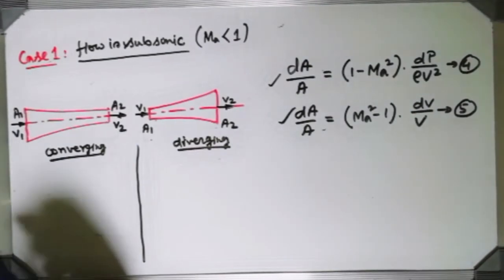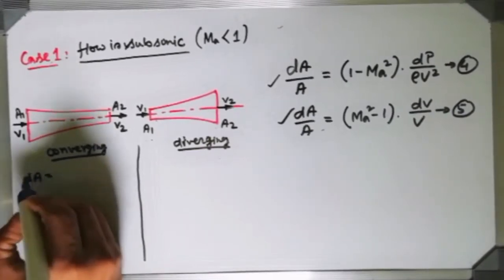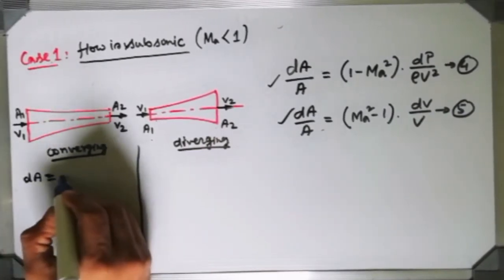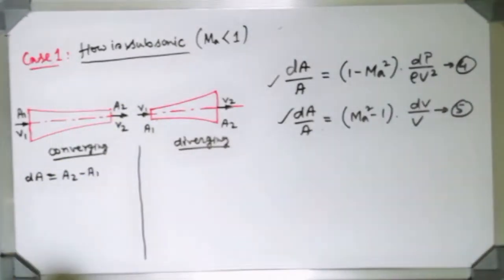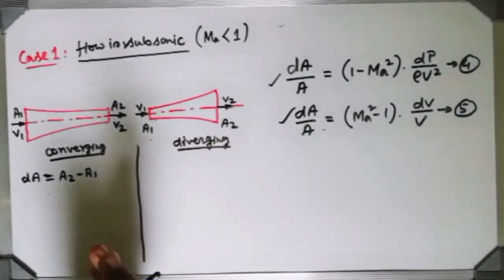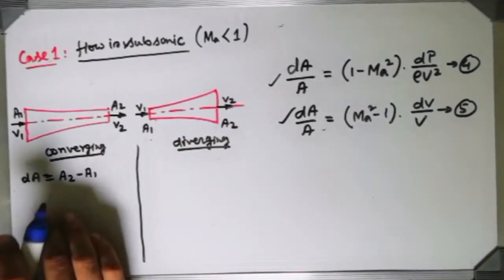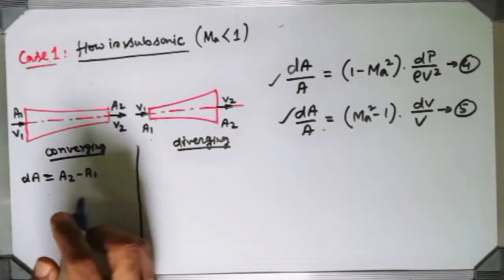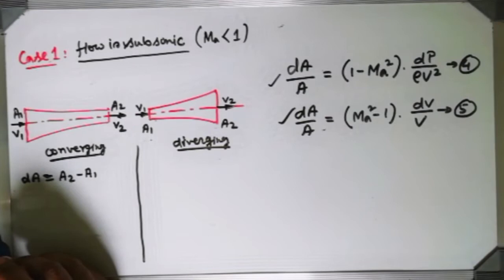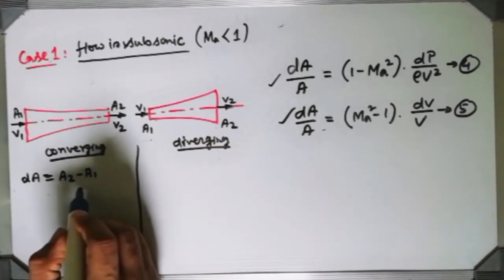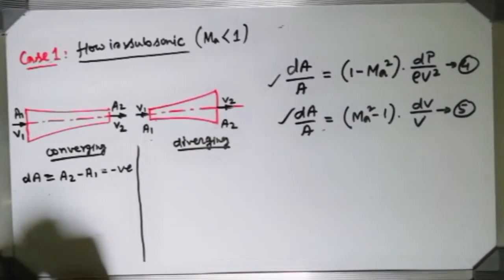That means dA means what? dA means change in area. Change in area means final area minus initial area. Always change should be considered like final minus initial, always, any change. So for converging area, dA will give you which sign? Obviously A2 is smaller, so it will give you a negative sign, isn't it?